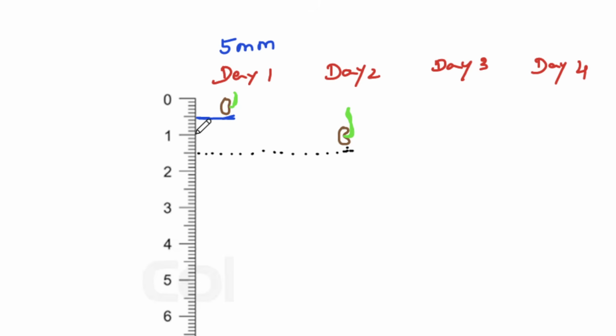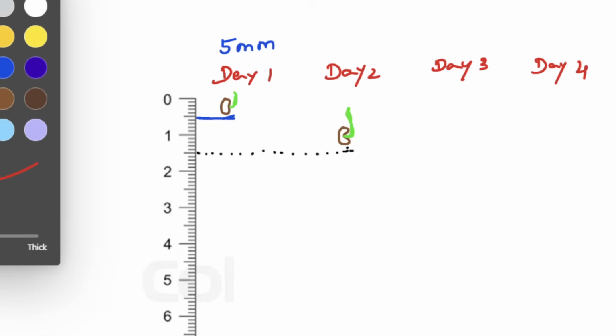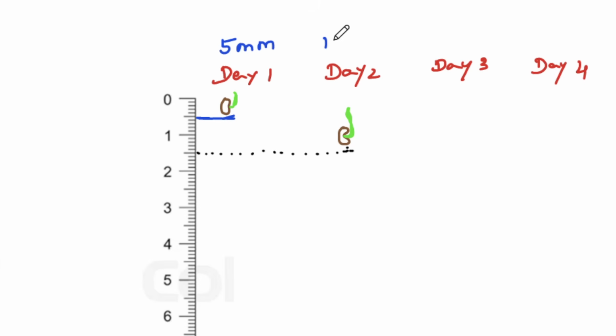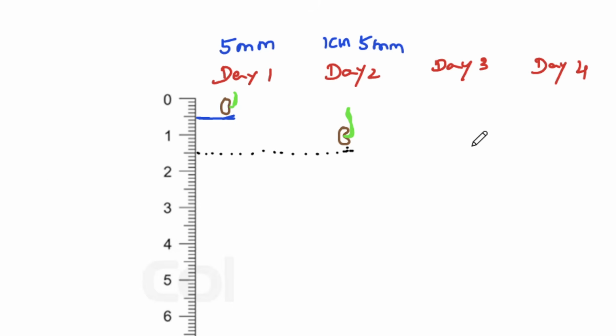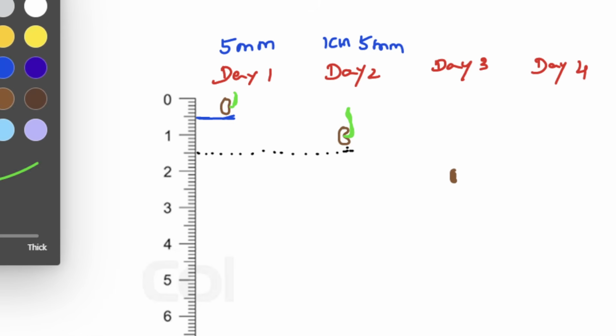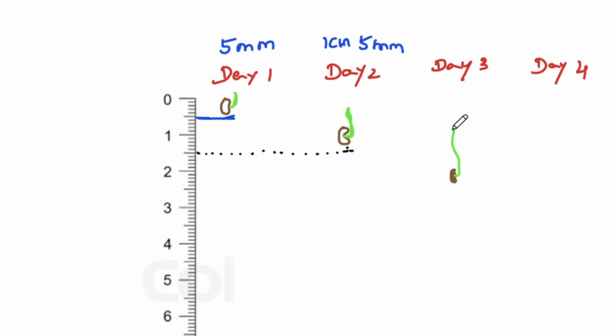So here we are completing 1 centimeter and millimeter lines are there, 1, 2, 3, 4, 5. So day 2 we have 1 centimeter and 5 millimeter. Okay, day 3. Day 3 the sprout size would be very small, but the leaves would have grown a little bigger.